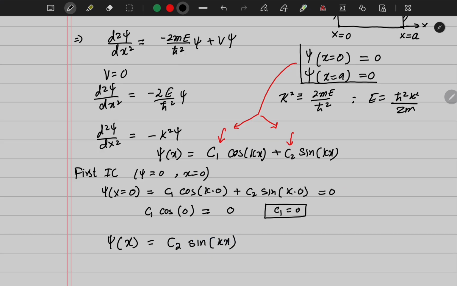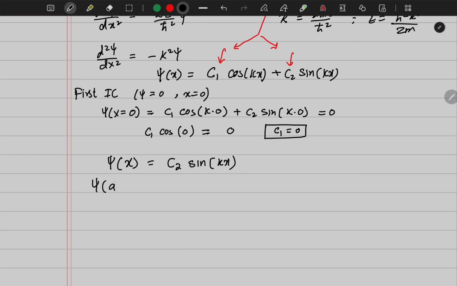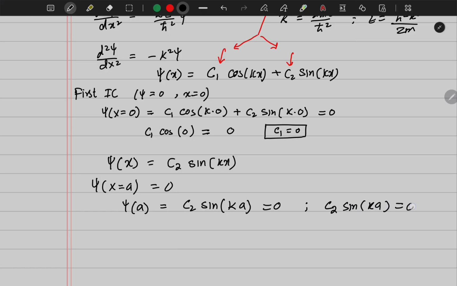Here we apply our second condition, and that is psi of x at x equals a is 0. So psi of a is equal to c2 sine of ka equal to 0.